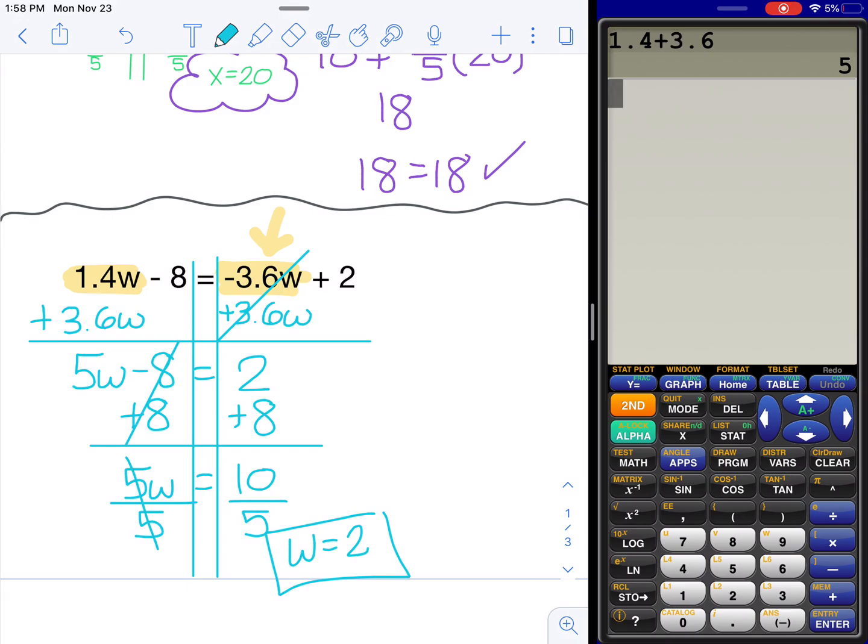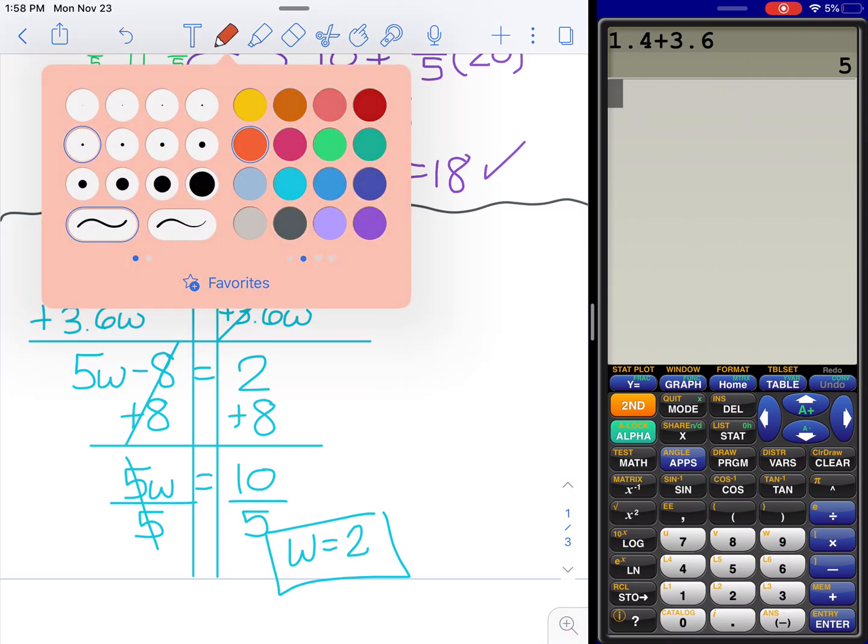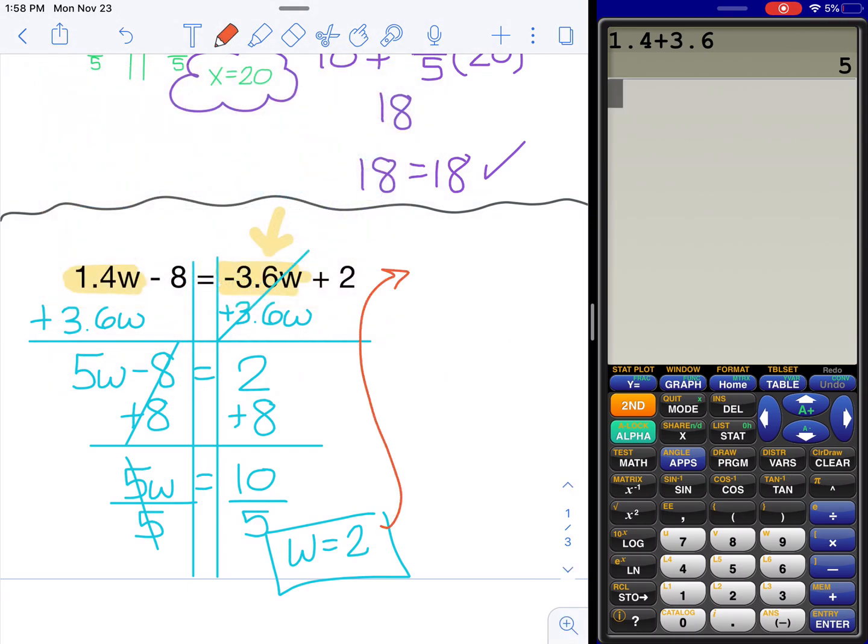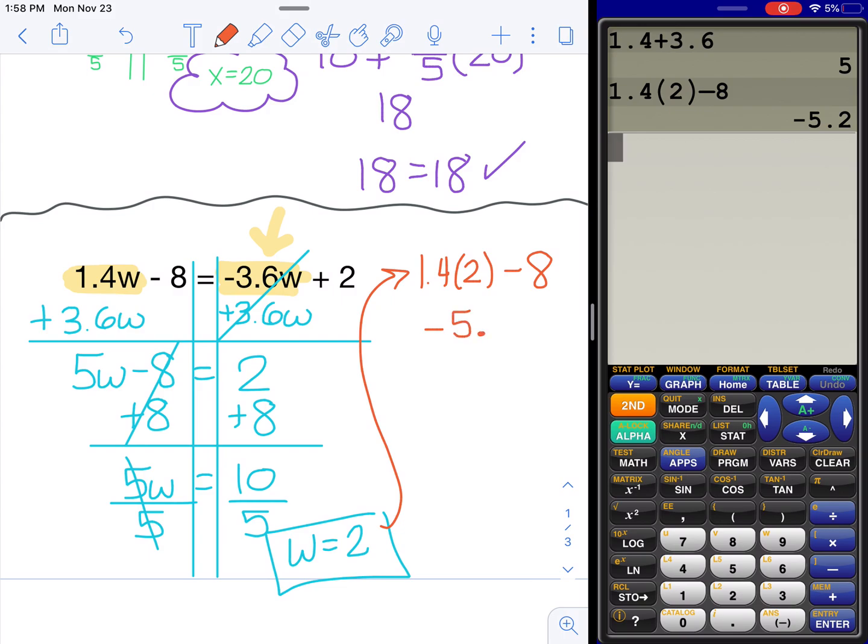All right, when I check, I'm going to plug it into my original equation all the way back to the beginning. I'll do the left side, so 1.4 times 2 minus 8. That gives me negative 5.2. Seems like an ugly number, but we're going to go with it.